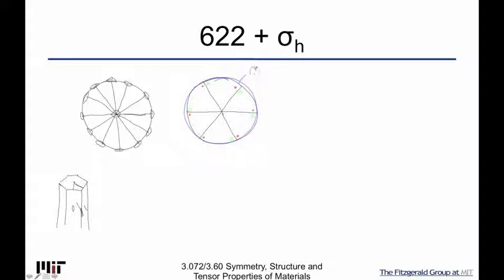So let's add our sigma h, and voila, the same thing happens to all of these: this gets reflected back to the front, and the front gets reflected to the back.